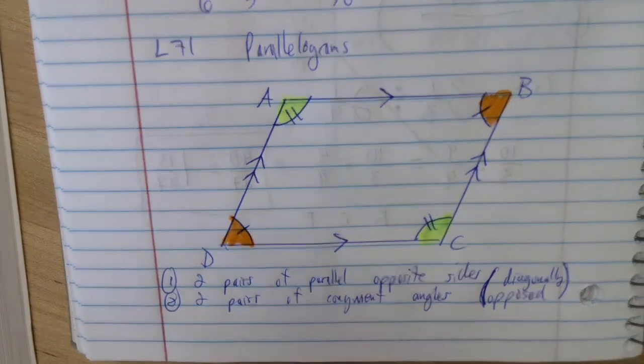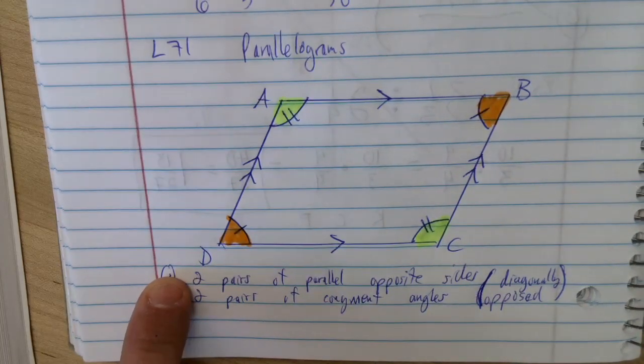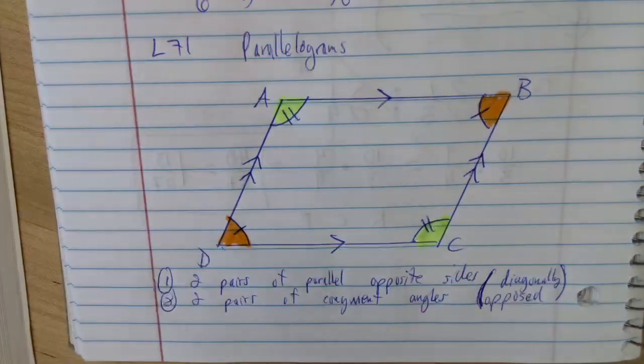So, here's the thing. If one of these things is true, then the other is true. Think about it like this. If you're not an only child, then what is true? You have a sibling. If you have a sibling, then you are not an only child.